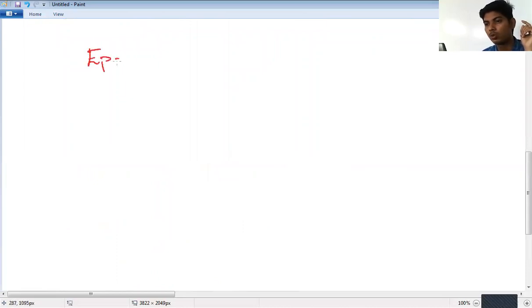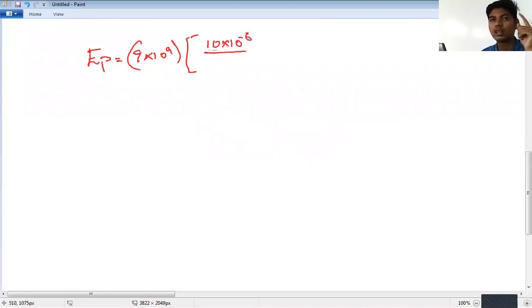EP is equal to 1 by 4 pi epsilon naught, which will come out as the common factor. Q1 or QA was 10 into 10 power minus 6 divided by the distance between 10 microcoulomb and point P, which was 5 centimeter, that is 25 into 10 power minus 4, sorry.